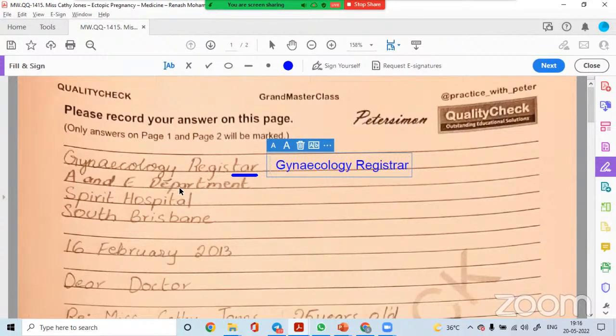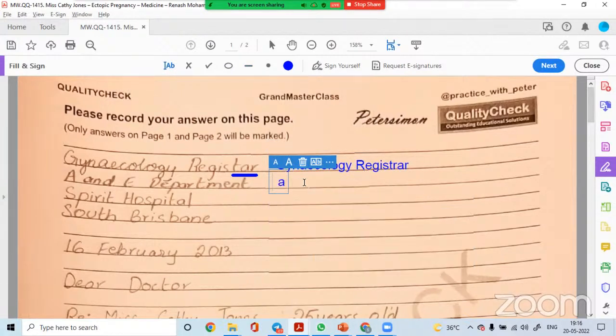A and E department, right? Accident and emergency department. Why do you want to write shortcuts? A and E, that is note. Notes is different. Don't write like how it is there in the notes. Accidents and emergency department.